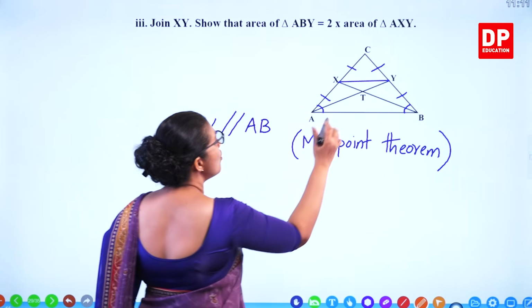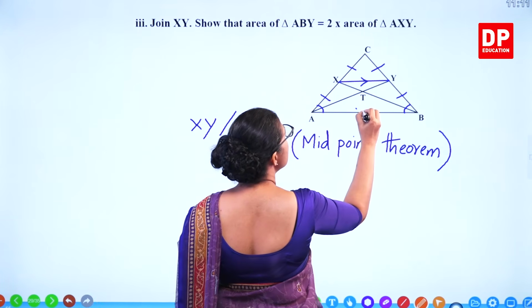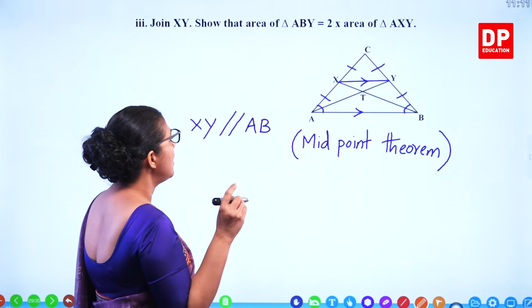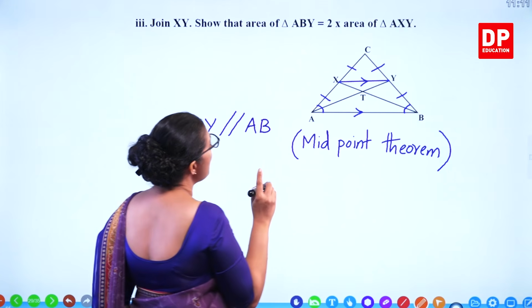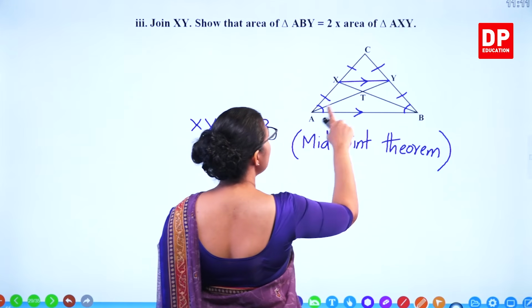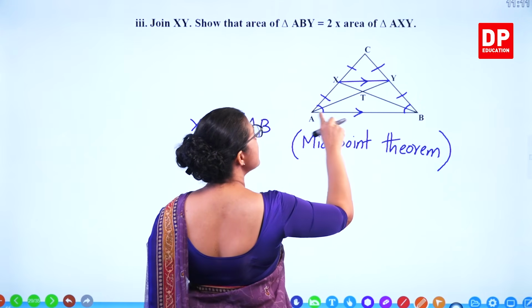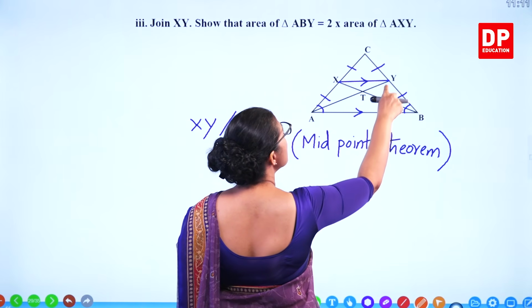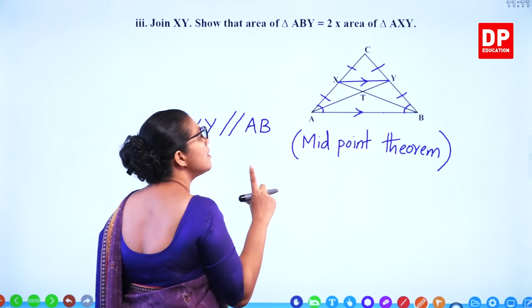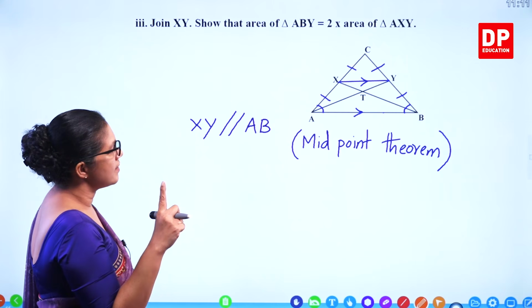So these two lines are parallel. That's the first thing you can identify. Now think about the ABY triangle. So this is the base AB and the perpendicular height is the distance between the two parallel lines.